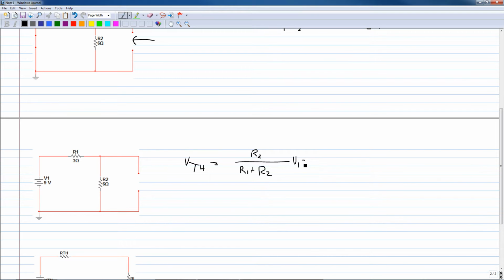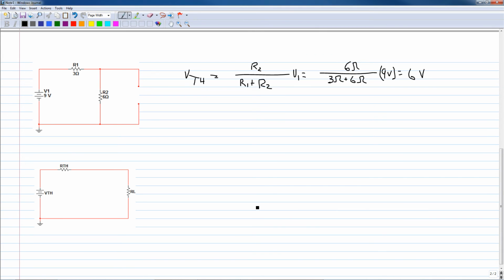This is equal to 6 ohms divided by 3 ohms plus 6 ohms times 9 volts, which equals 6 volts.